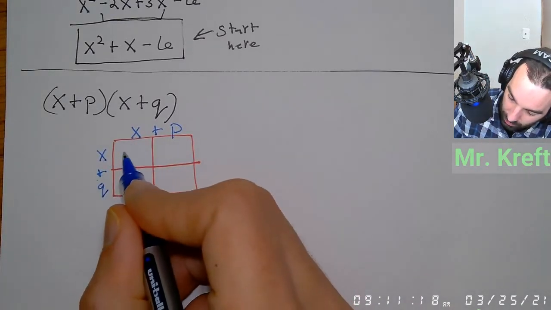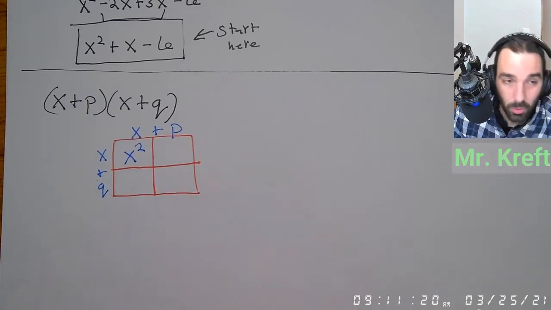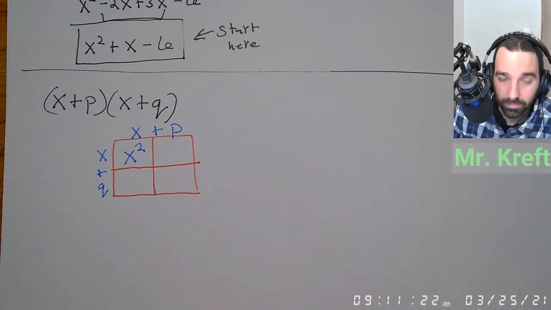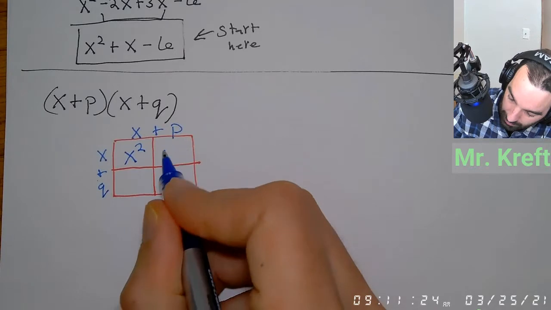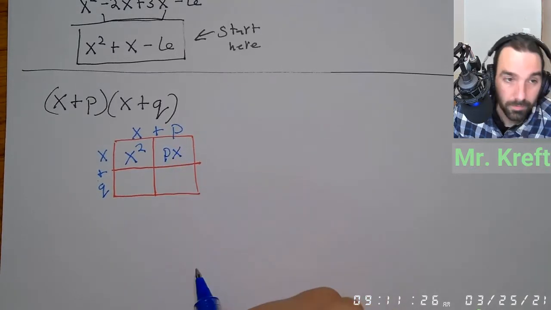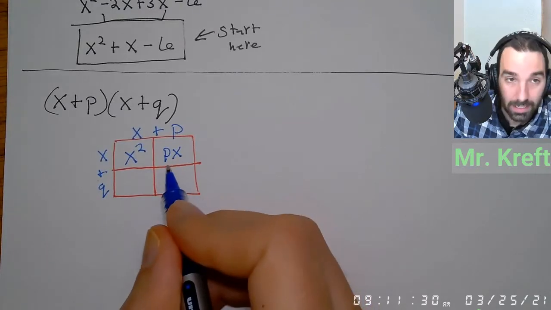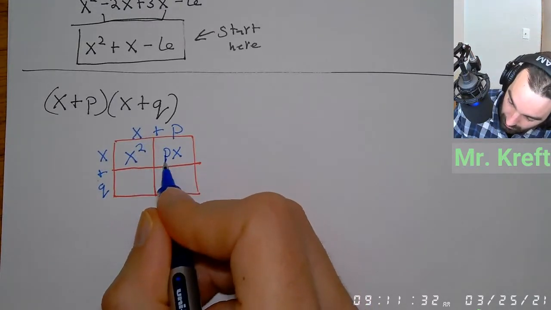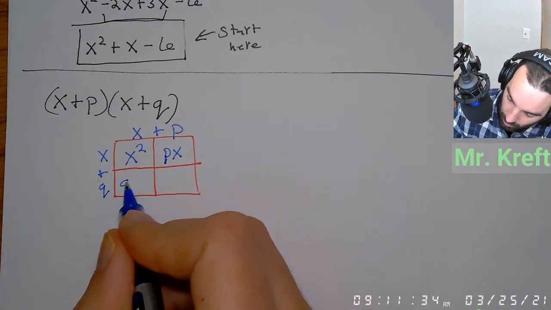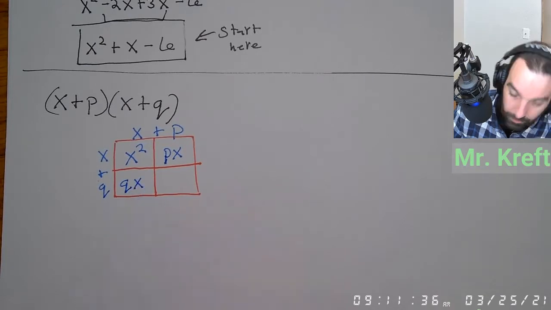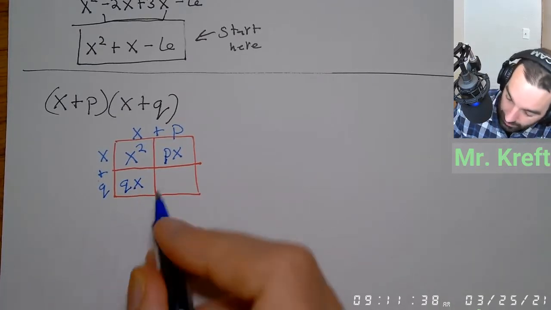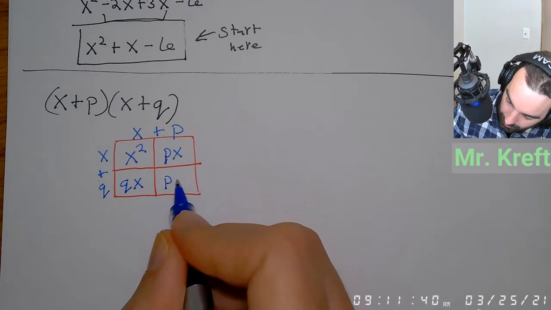So x times x, remember that's x squared, not 2x. Then I'm going to have px. It's like if PlayStation and Xbox got together, right? So we'd have a px. And then I have qx. And then I have pq.